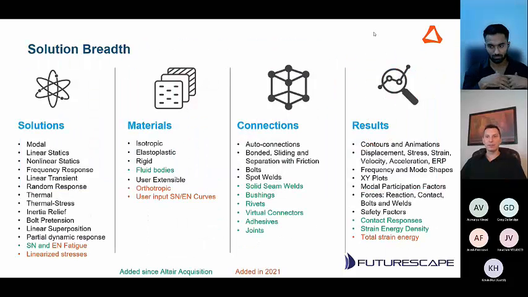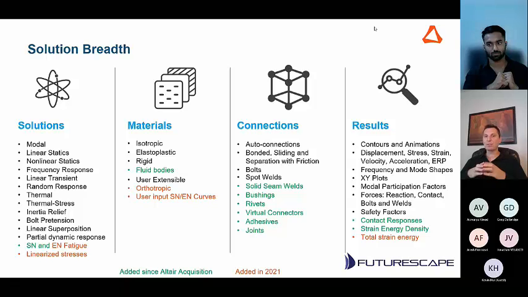What are some of the features that SimSolid has? We can do modal, linear statics, obviously your vibration response, thermal stress as well. It'll actually do bolt pretension, which some people in the structural simulation world really like. With the materials here, isotropic, obviously we can do isotropic, we can do rigid, we can also do fluid bodies, which has been introduced, orthotropic.